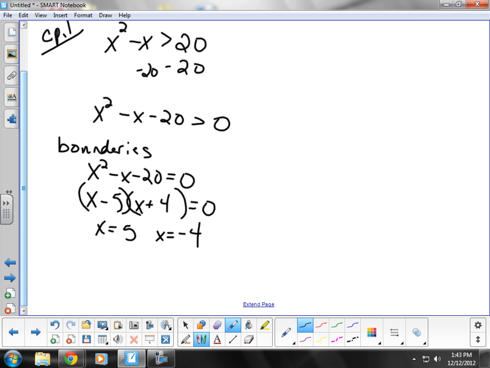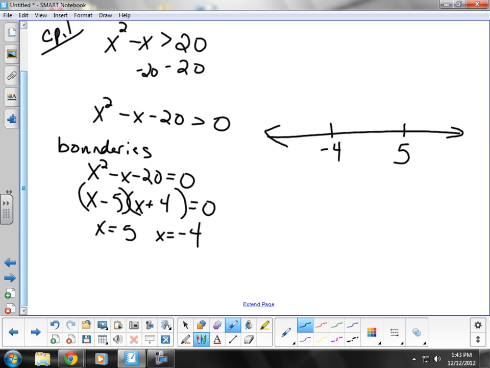Now, you need to draw yourself a number line so that you can draw the graph that represents this solution. So you give yourself a number line. We're going to put our 2 solutions on there. If I get 2 solutions, do you see that I get 3 regions? I get the stuff that's less than negative 4, I get the stuff that's between the 2 solutions, and I get the stuff that's bigger.